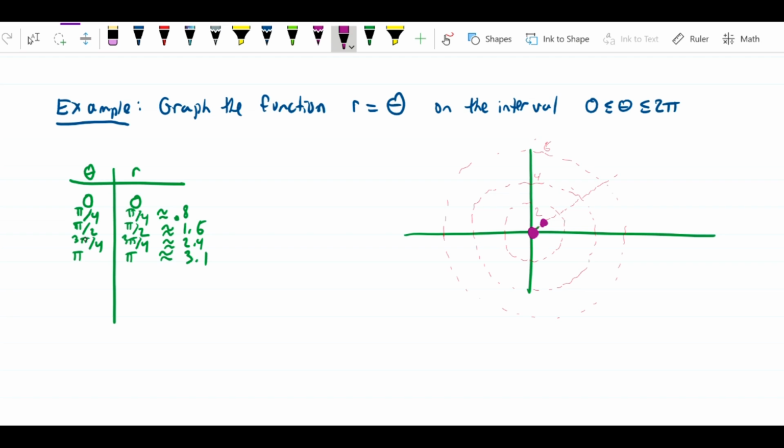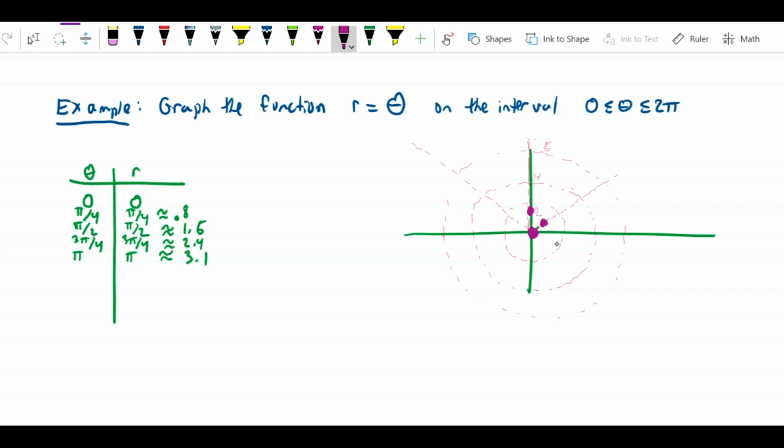At an angle of pi over 2, that's just the positive y-axis, and I'm going to go a distance of about 1.6, so that takes me to about there. At 3 pi over 4, here's the line for that angle, and I want to be 2.4 units away from the origin.